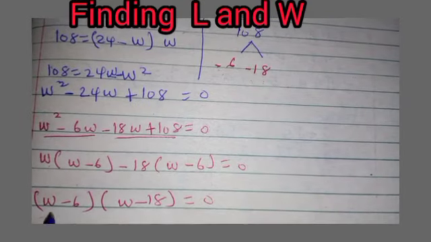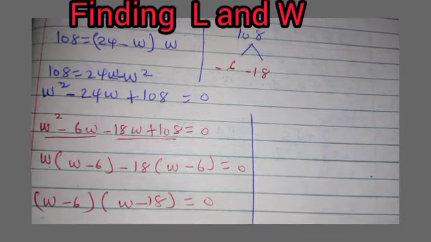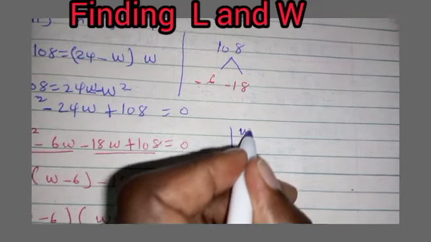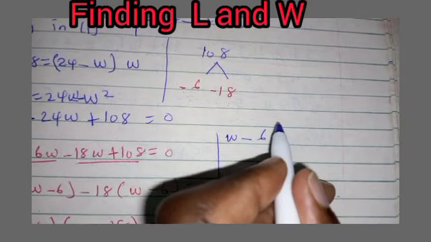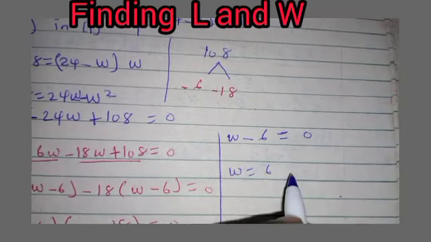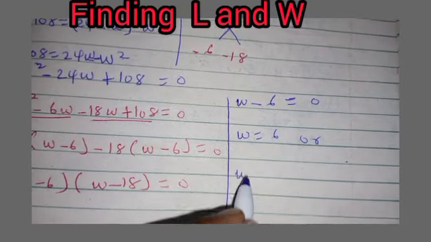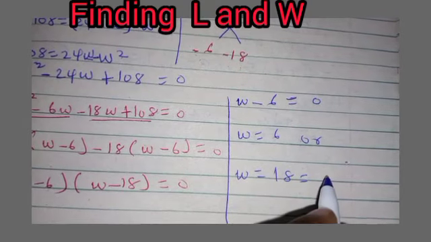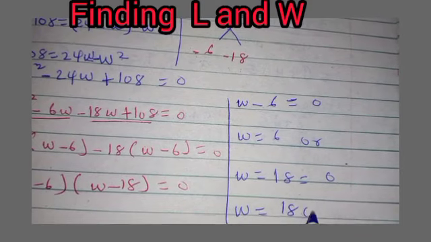Now, the implication here, it means either W minus 6 is equal to 0, meaning that W is equal to 6, or W minus 18 is equal to 0, meaning that W is equal to 18. This is, of course, in centimeter.